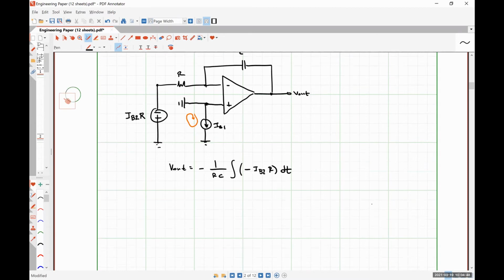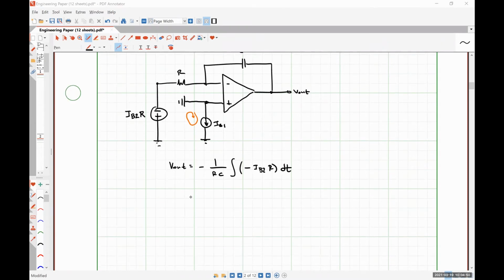Since IB2 and R are constants, when I move negative IB2 to the other side, I get positive IB2R divided by RC. The R's cancel out. The integral with respect to time just gives me IB2 over C multiplied by time. So as time progresses, if our input bias current is positive, we swing towards the positive supply rail. And if it's negative, we swing towards the negative supply rail.